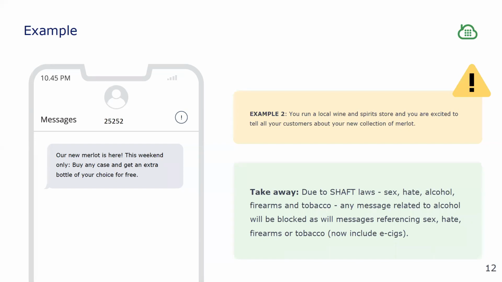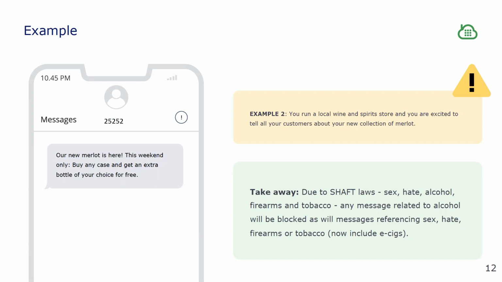Now, the problem with this message is that the content contains alcohol-related words like Merlot, for example. And there's no way I, as a wine and spirit store owner, can control who views this message. Sometimes there are chances that a kid might read this message and think drinking wine is cool.